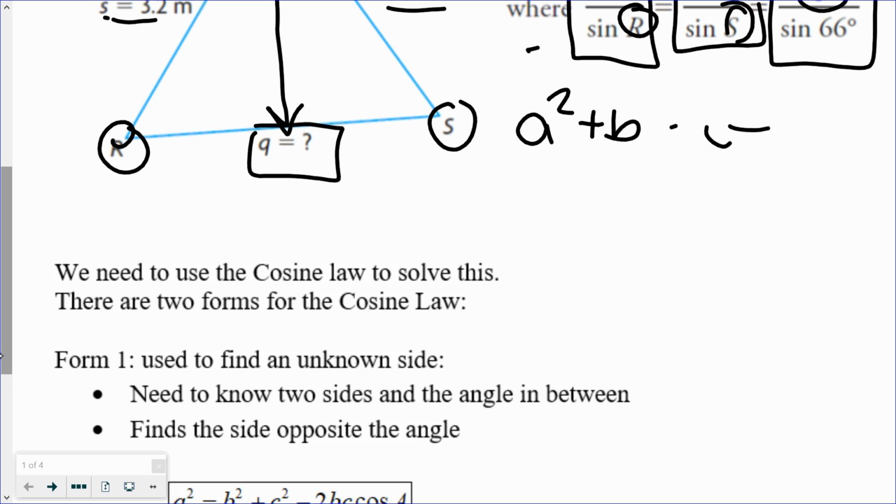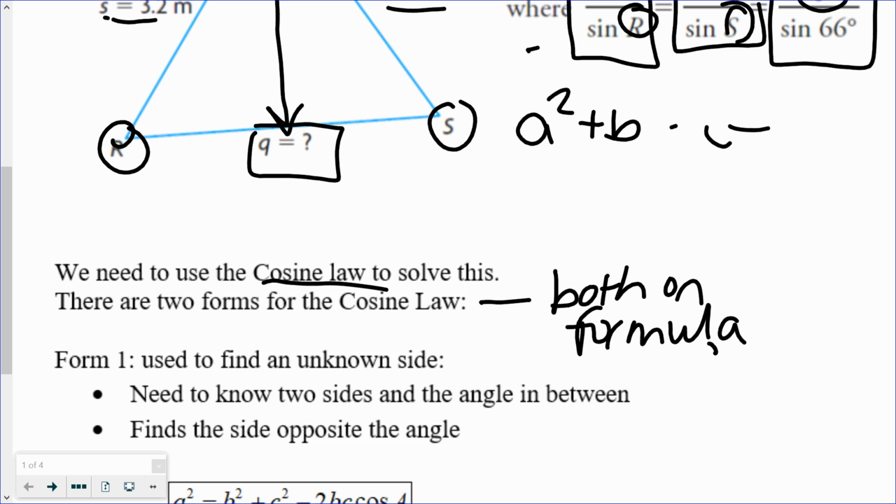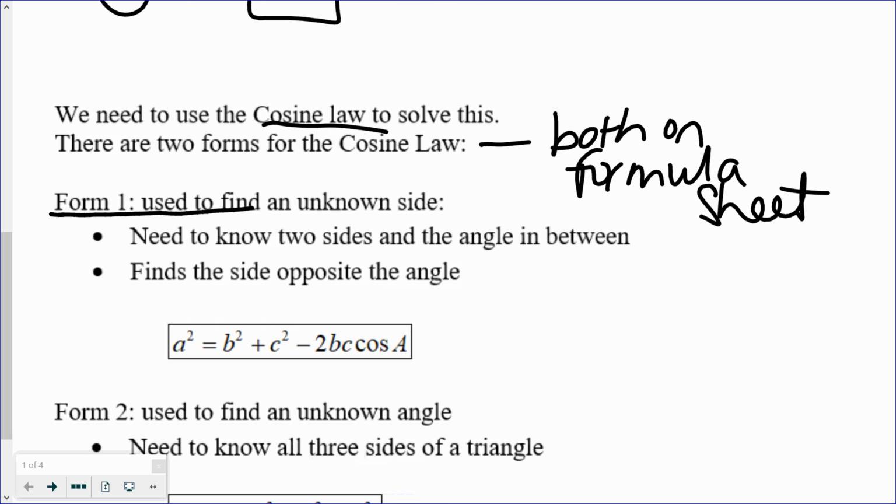The next part says we need to use the cosine law to solve this. There are two different forms for the cosine law, and both are on the formula sheet. We use form one when we're looking for an unknown side.